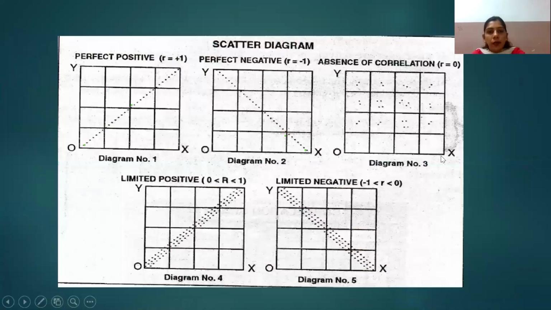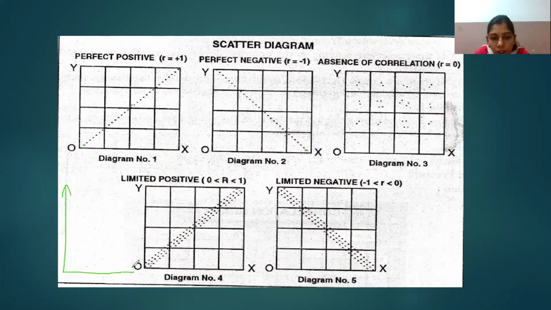If we look at an example of this, if we draw a high degree of positive correlation, then the dots are basically in rising tendency.